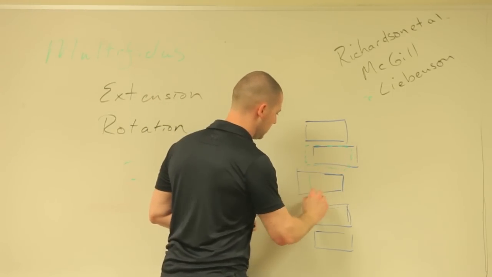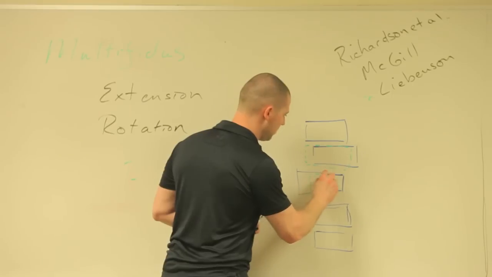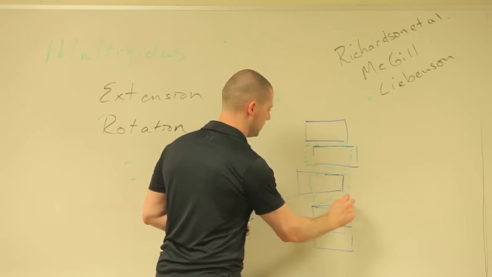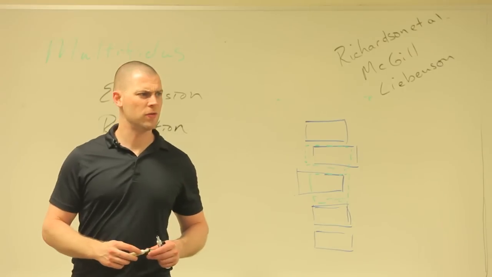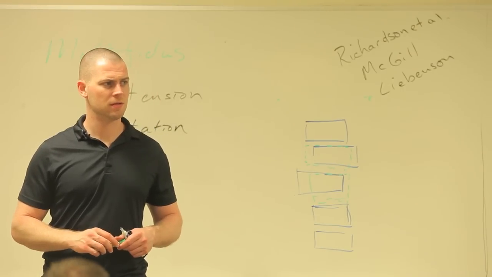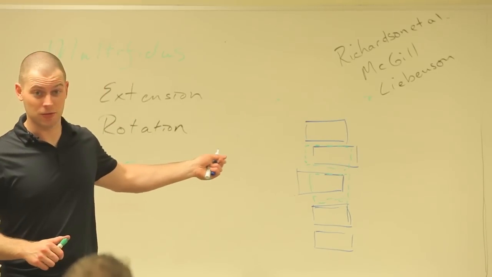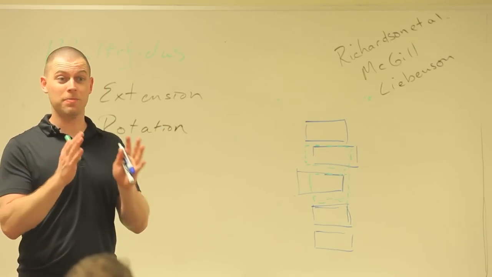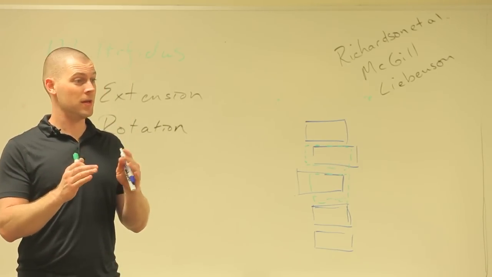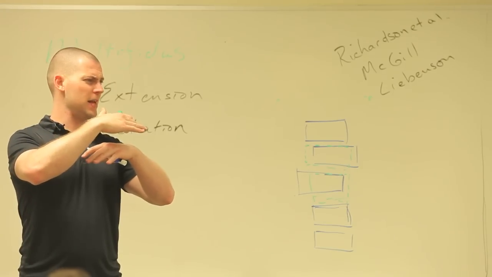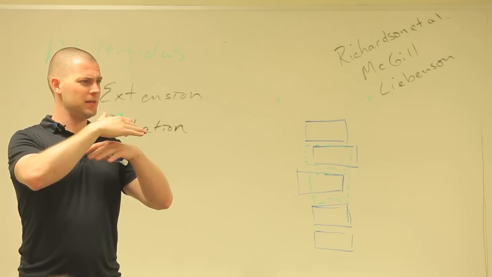So your multifidi basically keep your blocks aligned. You guys ever heard the term segmental stabilization? No? That's segmental stabilization. All we're talking about is keeping our blocks stacked up. It's a pretty bad thing, right? If one block slides over the other, starts moving out of place.